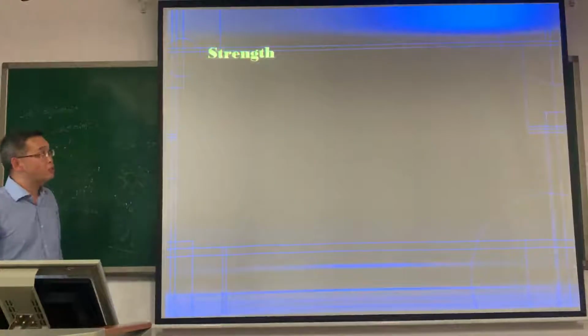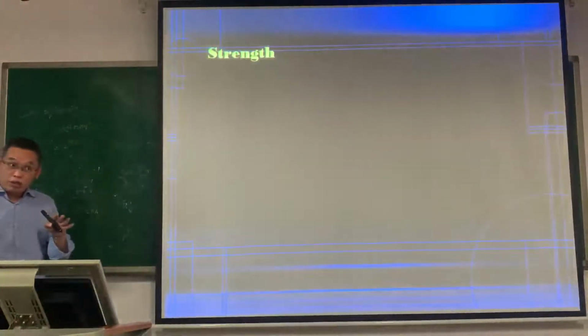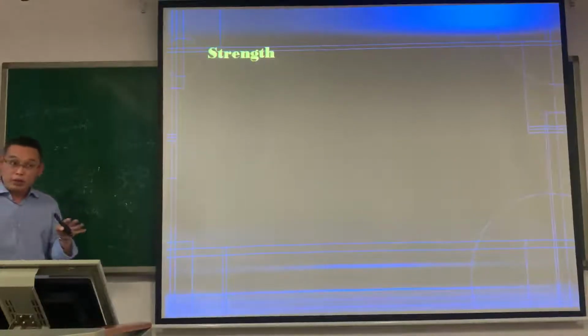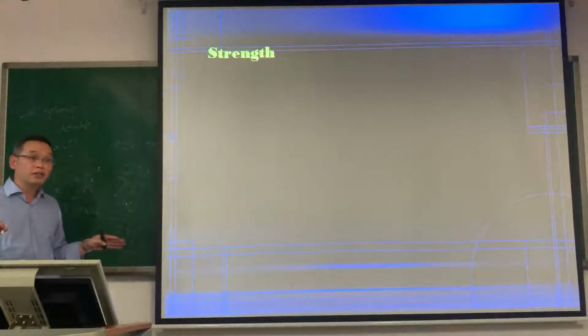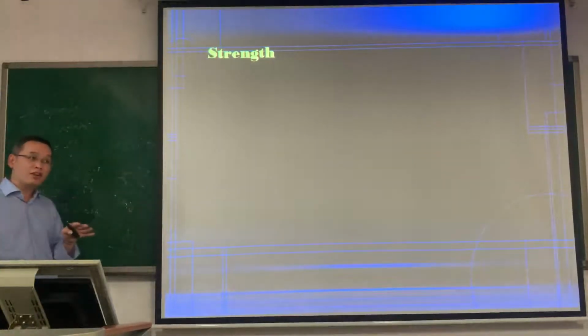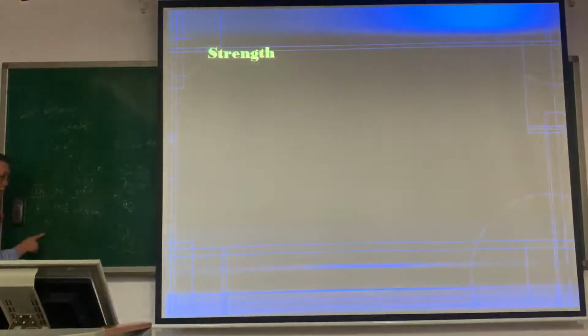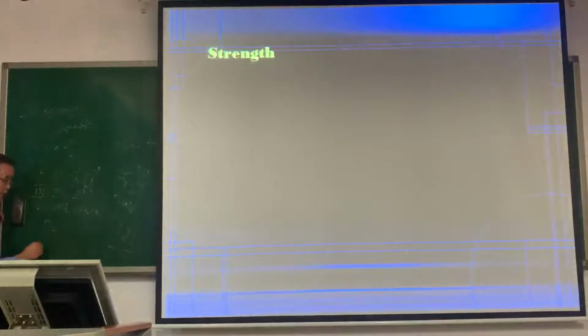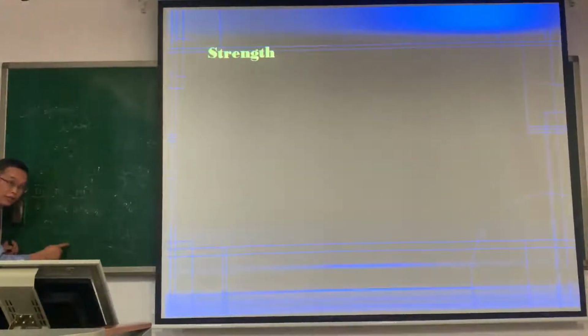The first one is strength. Do you still remember how to calculate the strength? Do you still remember the formula? This is strength. What is at the bottom of it? Area.